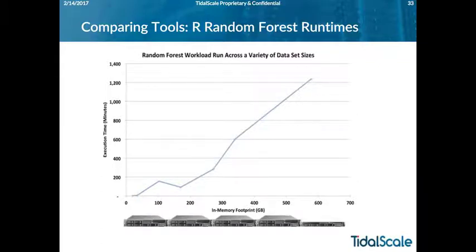Again, the more data you want to analyze, you just add some more server nodes to your cluster, your TidalScale pod, and you keep everything in memory. And so you continue to get, it takes longer. Obviously, the data set is bigger, but rather than it being an exponential curve falling off the memory cliff, you just get this nice near-linear scale.